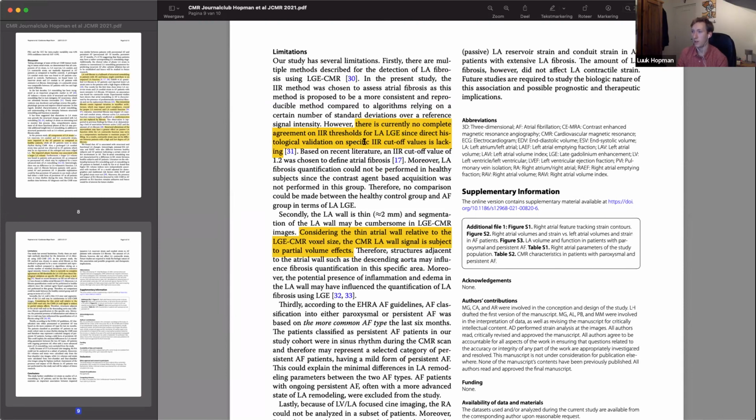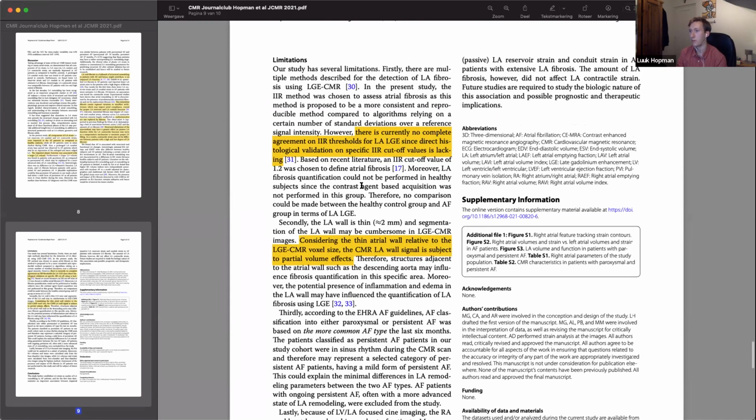We looked into that, and we have a paper focusing on that that is recently published in European Heart Journal Cardiovascular Imaging, because there are quite some variations in thresholding and the cutoff strategy.